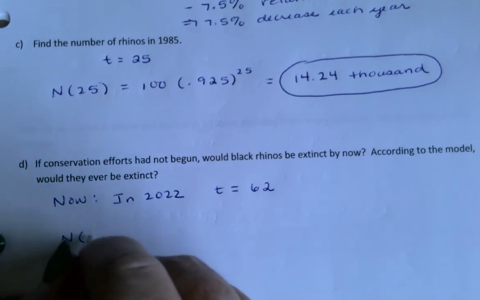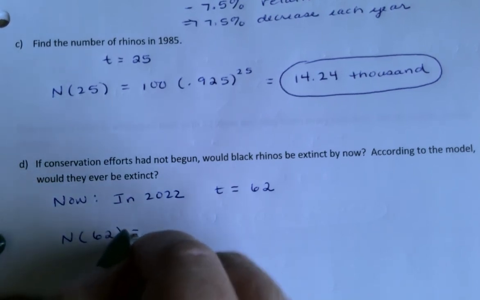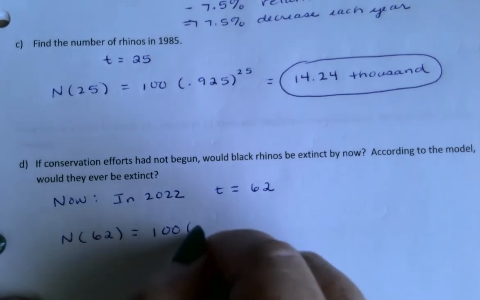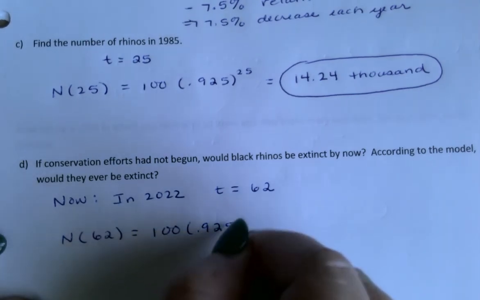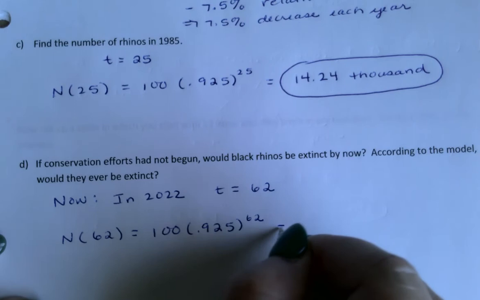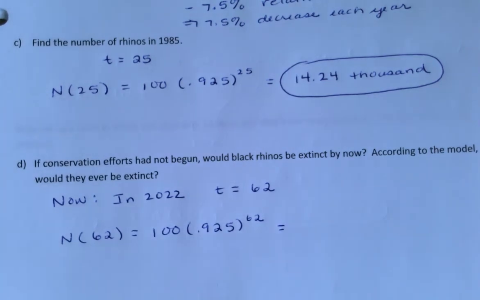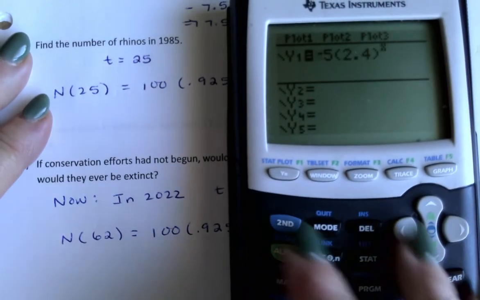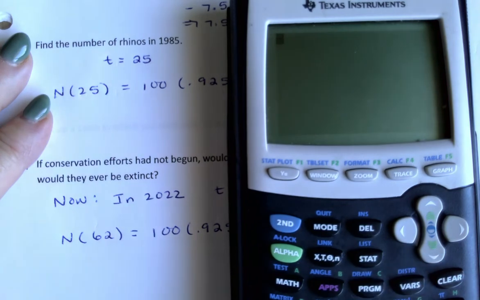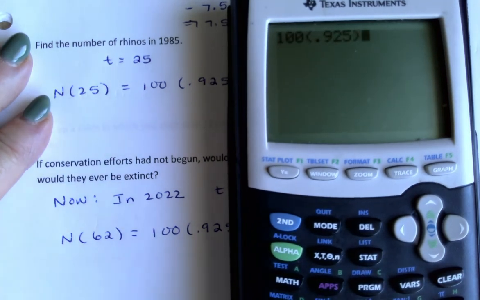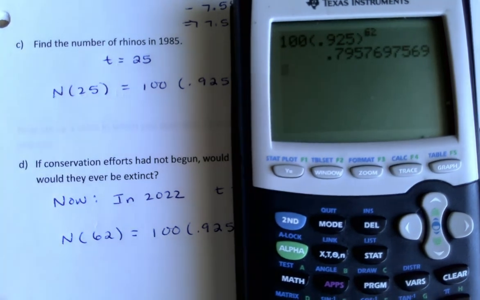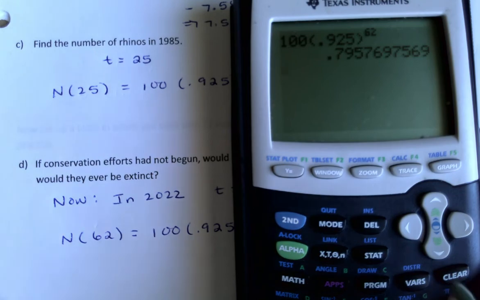So if I find n of 62, I have about 0.796 thousand.